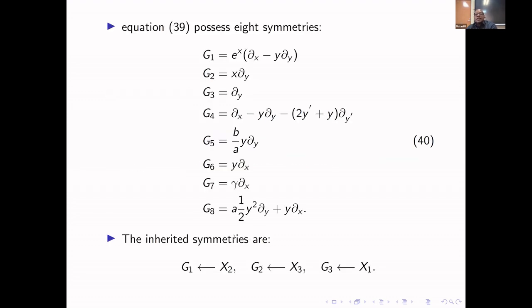And now we investigate equation 39 from the Lie point of view. We found eight symmetries. Now we realize that G1, G2, and G3 are inherited from the previous analysis. So basically the remaining five symmetries, from G4 to G8, are hidden symmetries. These are the hidden symmetries I found from the previous studies.